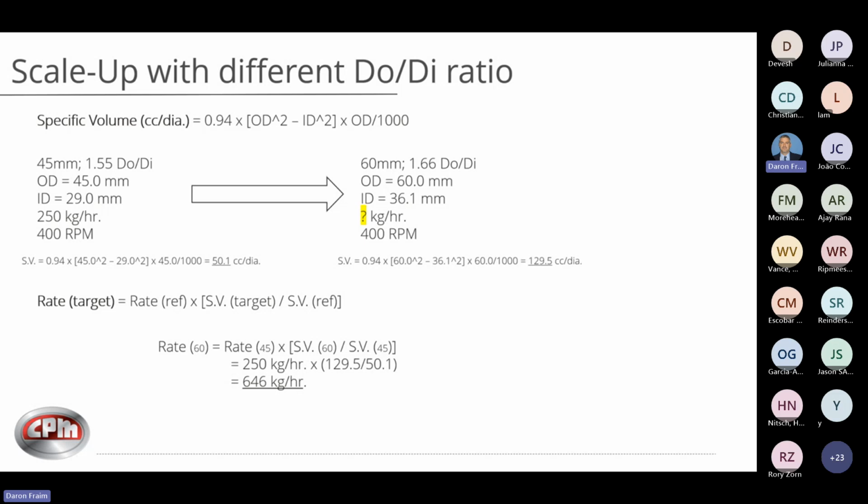So in the case of the 60, it's 129.5 divided by 50.1. And that should tell you, volumetrically scaling, okay, if I scale from a 155 machine to a 166, this is an approach I can take on what that rate should be on that 166 geometry.